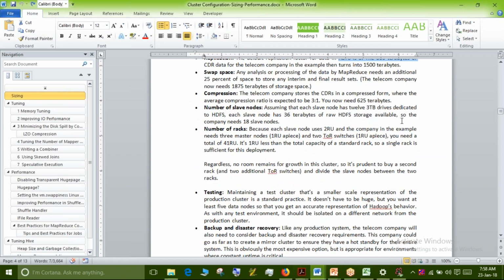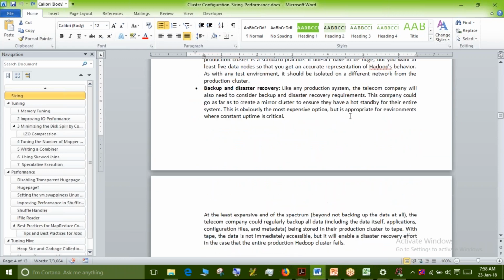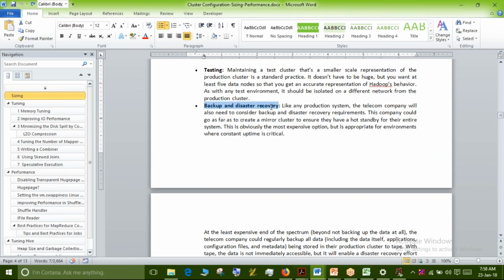I'll share these things with you so that you can go through them. What is the plan needed? Backup and disaster recovery. Otherwise, see, Hadoop itself is the last option for us to store the data. From here also, if the data is gone, then the data is gone permanently in most cases.